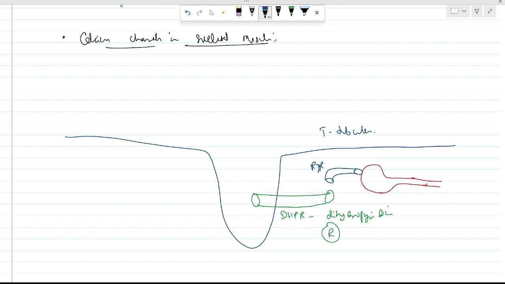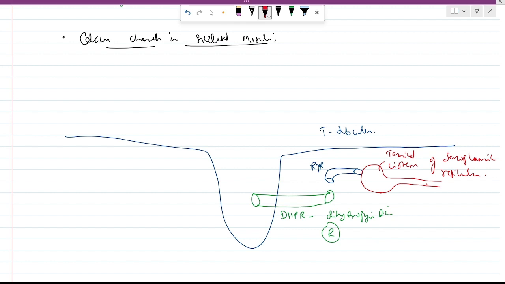We'll write it further. Just remember this is our RYR, and this red one, these are terminal cisternae of the sarcoplasmic reticulum.